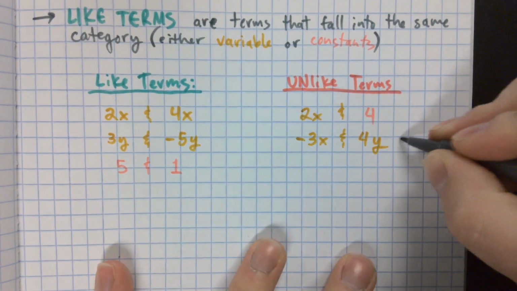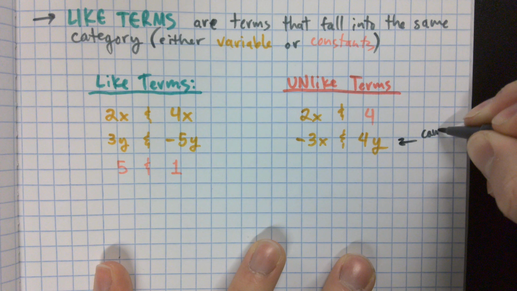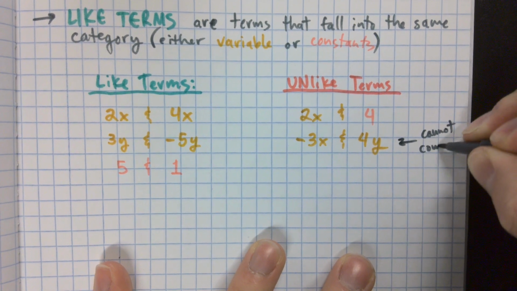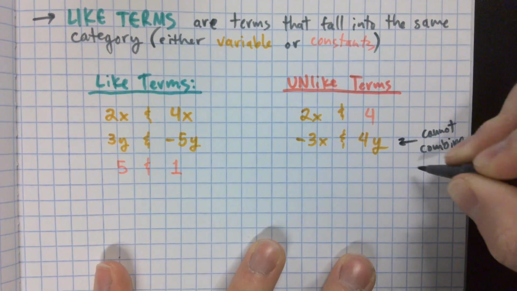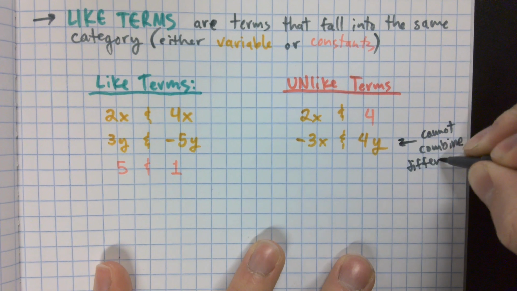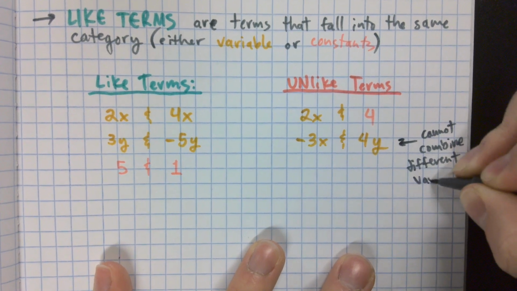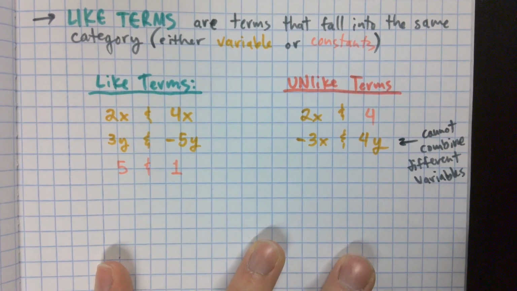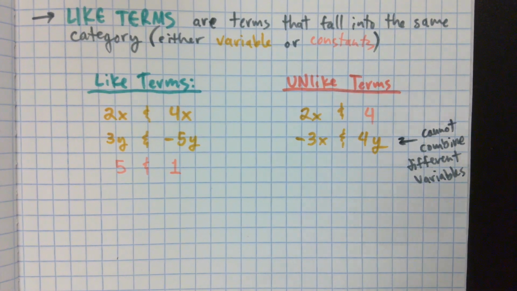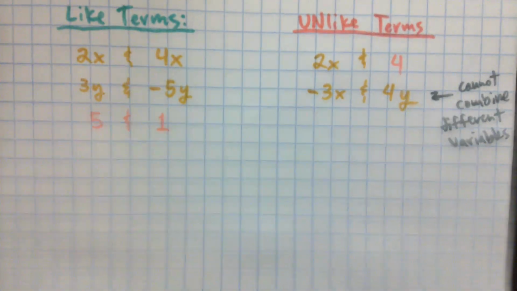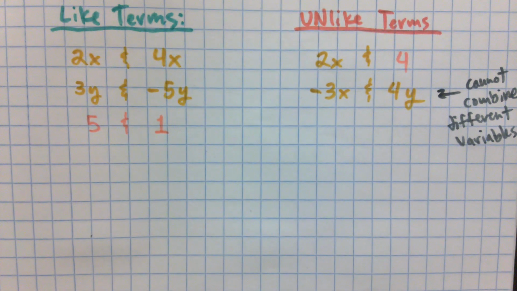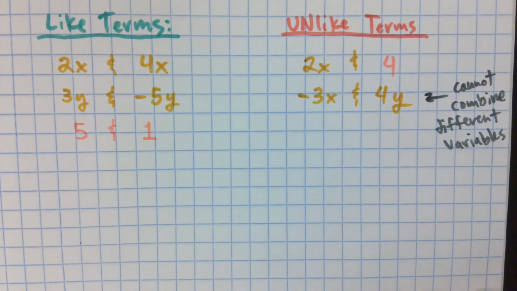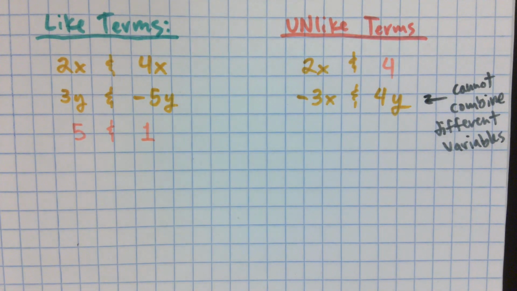So let's add that in here. Cannot combine different variables. Super important for us to understand as we start building and building on these ideas.